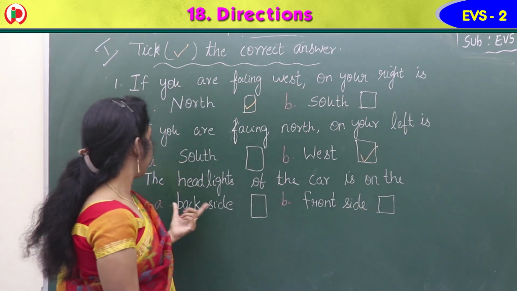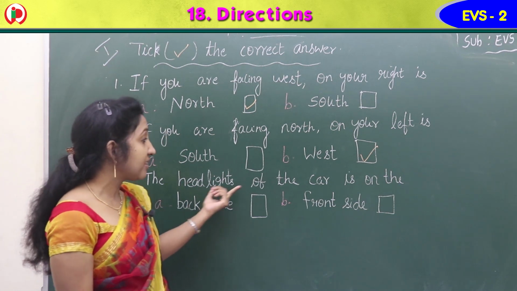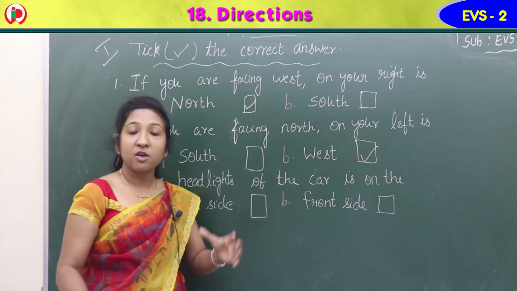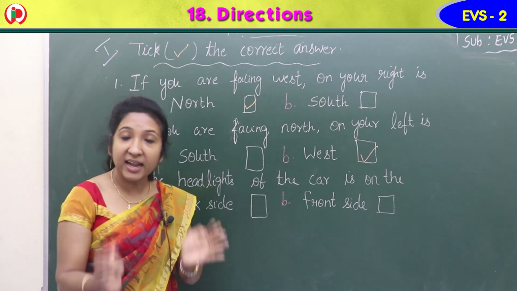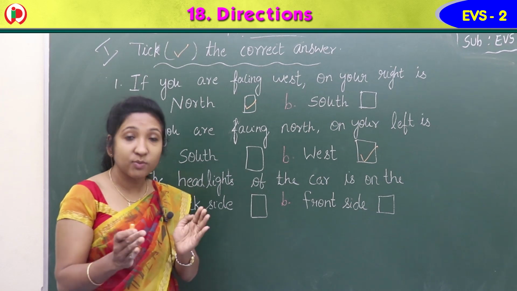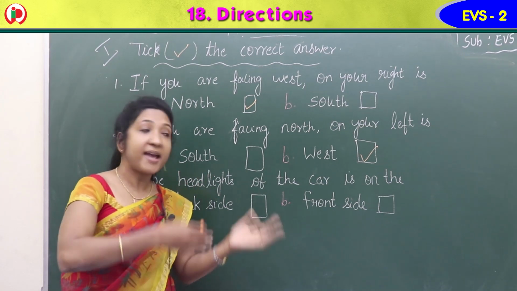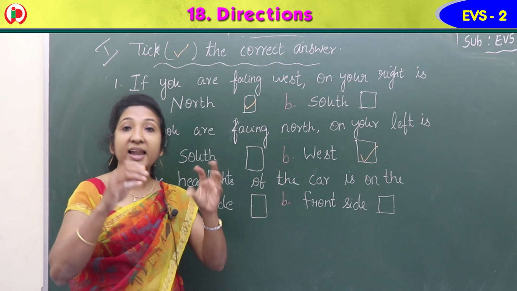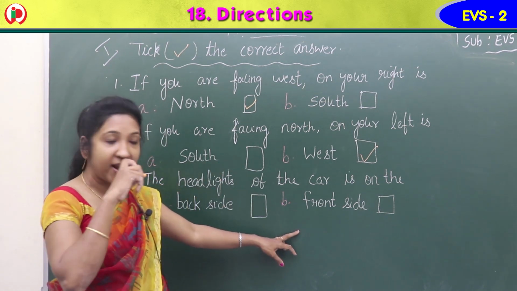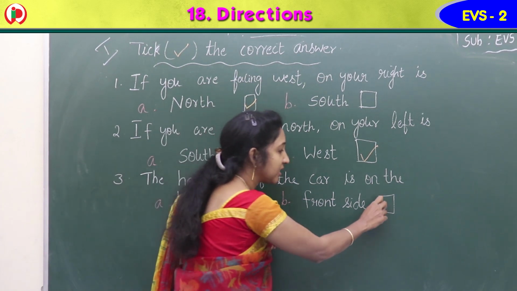Now third one, the headlights of the car are on the A back side, B front side. Have you seen where the car headlights will be? Front side or back side? Headlight will be on the front side only. Option B is the correct answer.